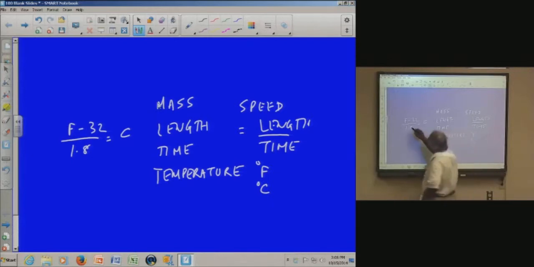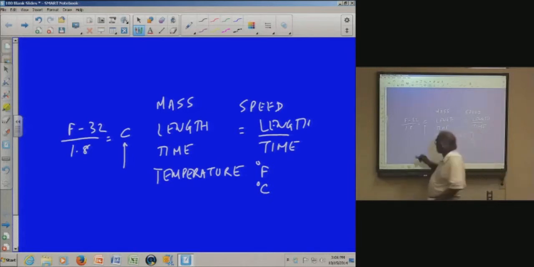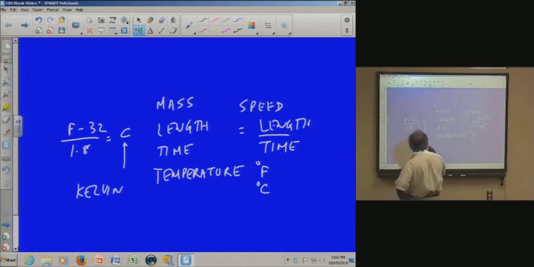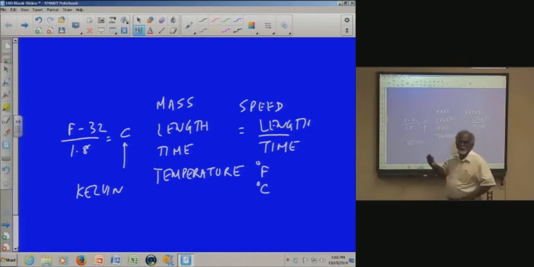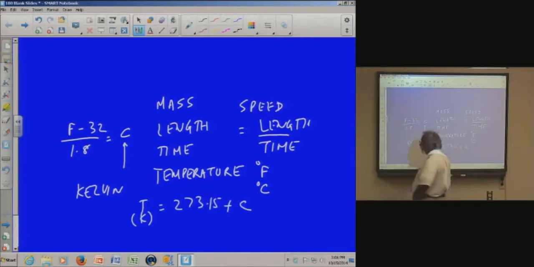So we typically use for temperature something called the Kelvin scale, K-E-L-V-I-N. So for example, if I have 20 degrees centigrade, my temperature in Kelvin is 273.15 plus the temperature in centigrade, right?